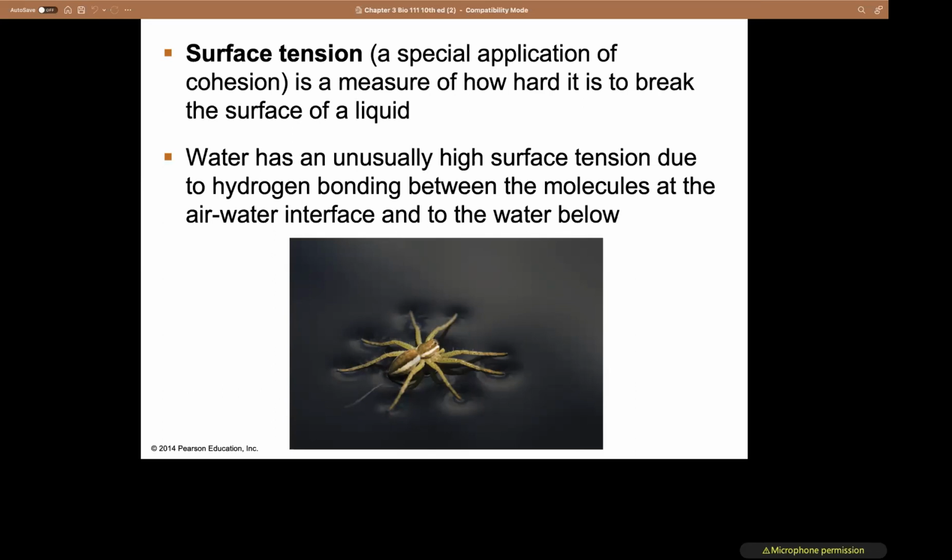And that is what makes water striders and insects able to basically just rest on the surface of the water. It looks like they're resting on a thin layer of plastic or glass or something. But it all has to do with a stronger hydrogen bonding on the surface of the liquid.